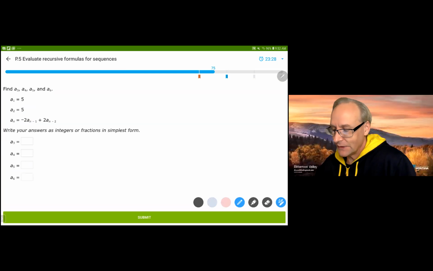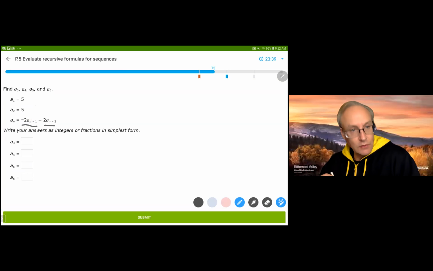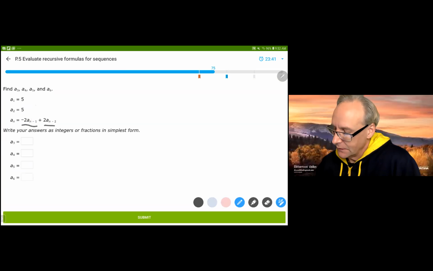Dang. I couldn't figure out what I did wrong. All right. Well, here it is. This time it's kind of interesting. We're going to multiply the last one by -2 and the one 2 before by 2, and then we're going to add them together. So we have A1 is 5, A2 is 5.